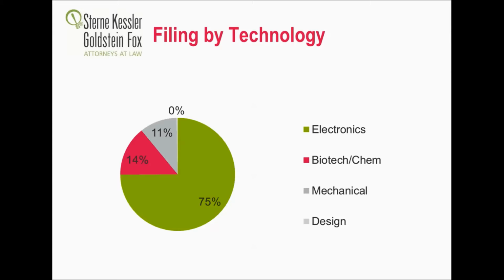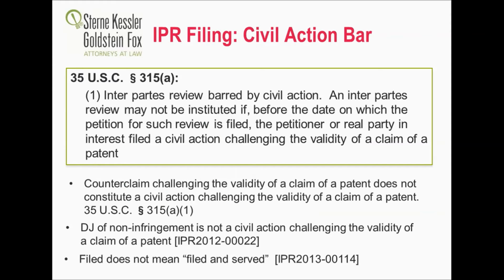Effectively, the one-year bar says that an inter partes review may not be instituted if the petition requesting the proceeding is filed more than 1 year after the date on which the petitioner is served with a complaint alleging infringement of the patent.